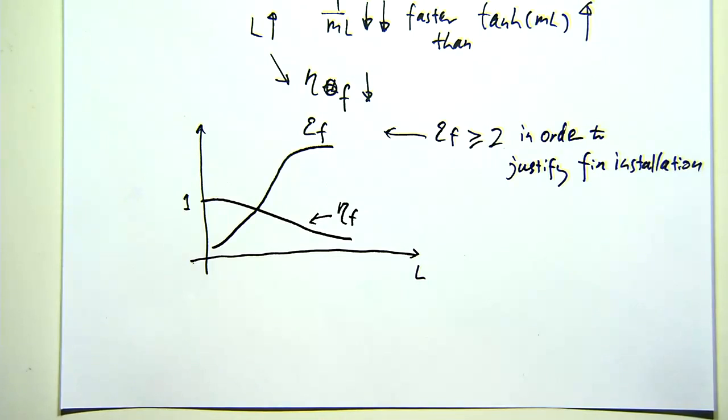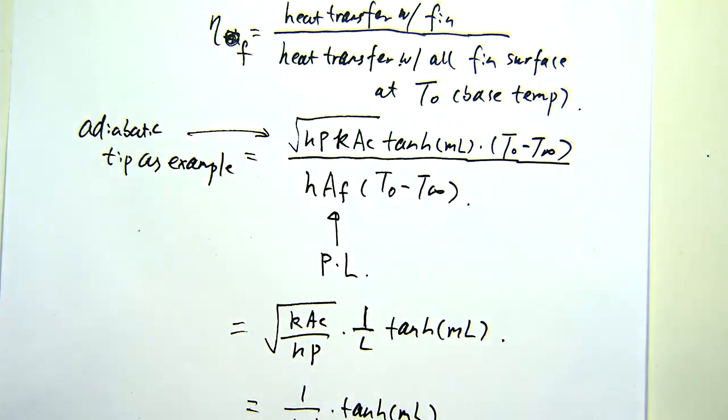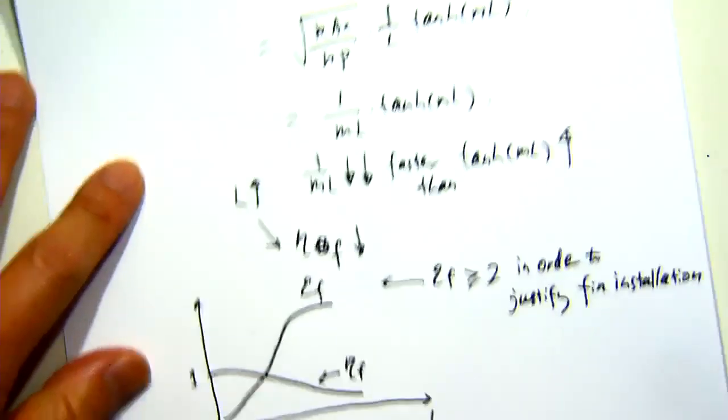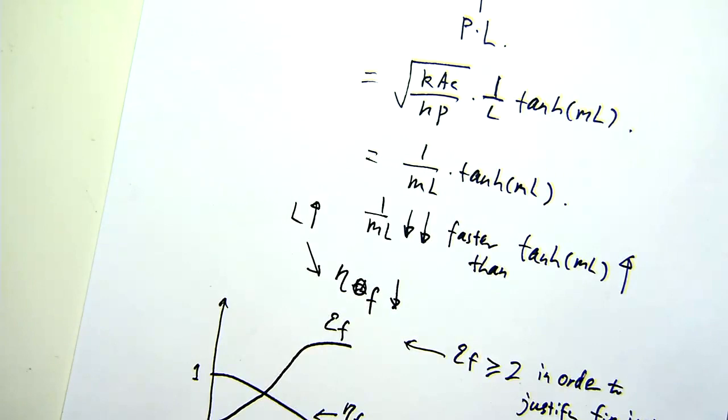No fin? Yes. So when you have a bare surface, that's the most efficient, based on the definition here. That's the most efficient case, because as soon as you start to add a fin, the surface temperature will drop, right?